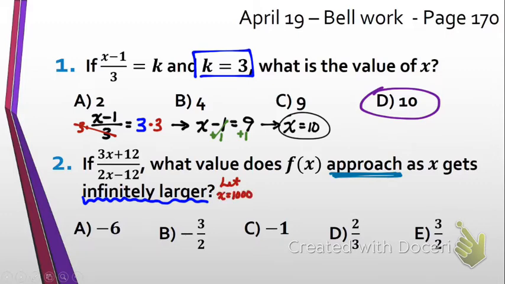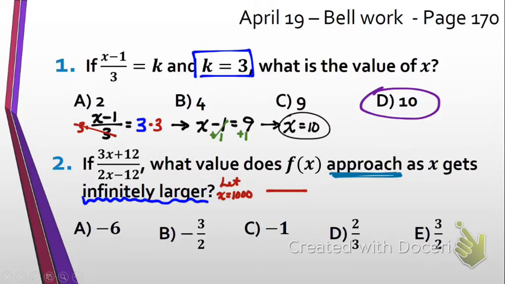Grab your calculators for me real quick. If x is 1,000, what would the numerator be? Right here, guys.